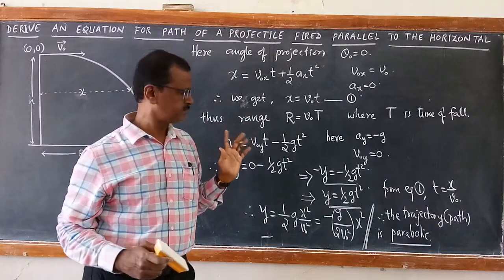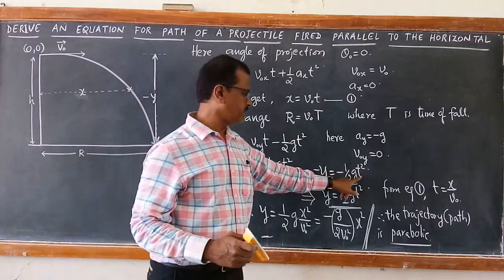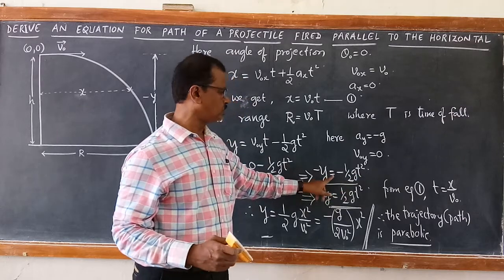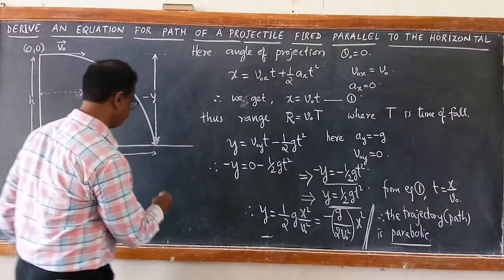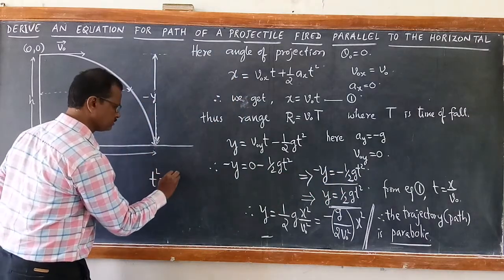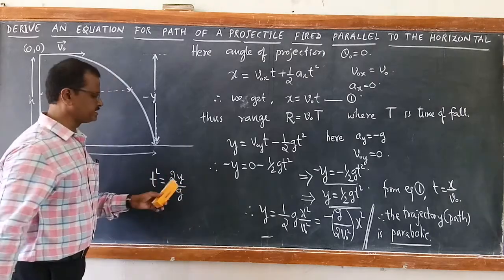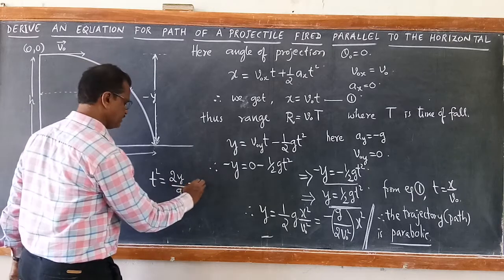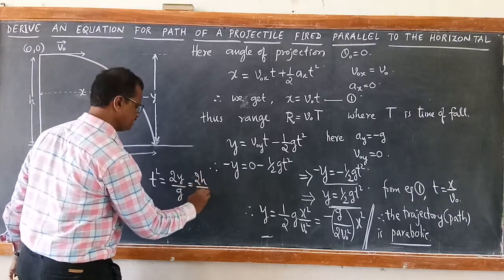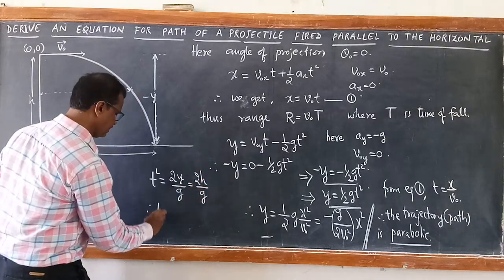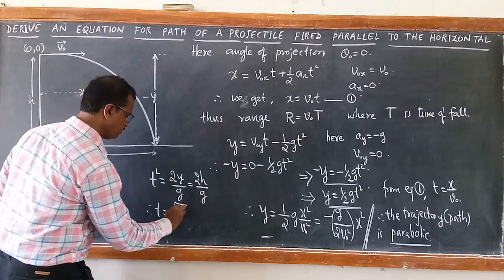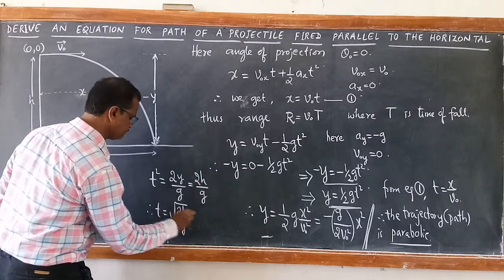This is interesting because the time taken, t square, is equal to 2h by g. Right, here t square is equal to 2y by g. So if you take in general y as h, then it becomes 2h by g. Therefore, t is equal to square root of 2h by g.